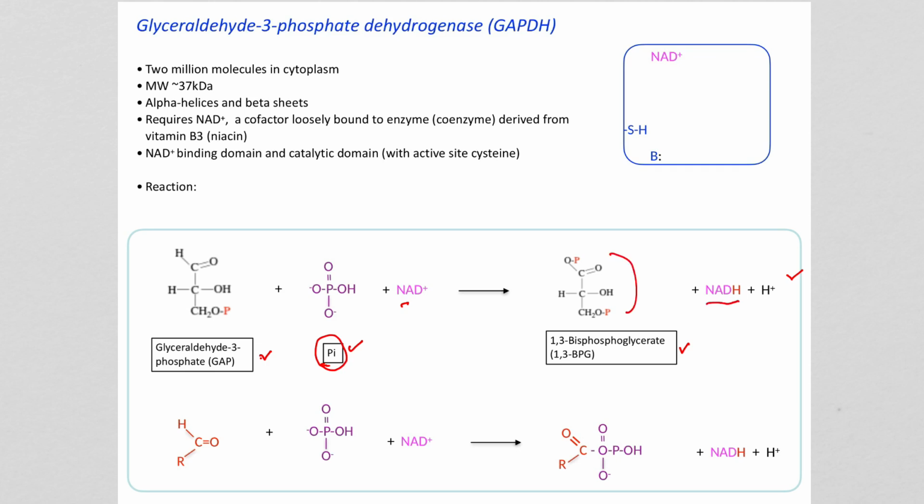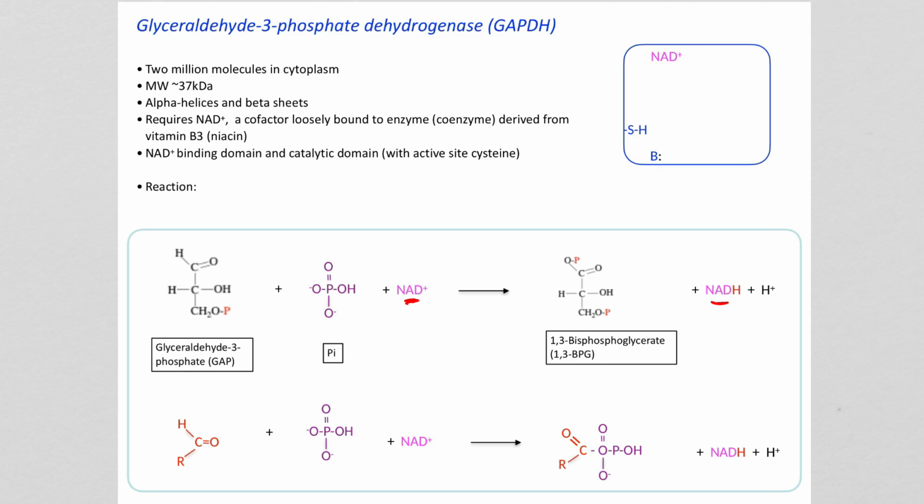And you can see basically the carbon here is oxidized from an aldehyde into an acid. So basically NAD will help oxidize that carbon and NAD will become reduced to NADH.